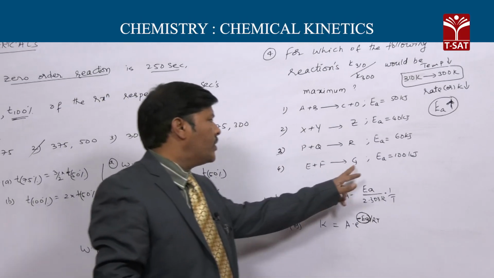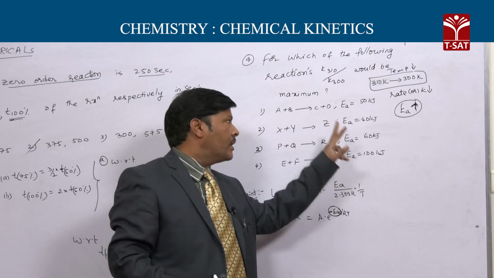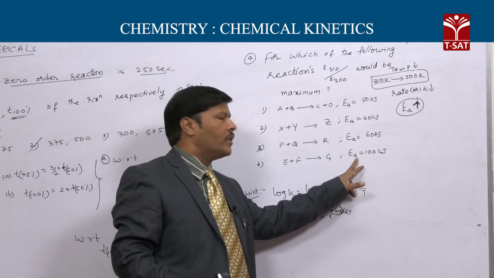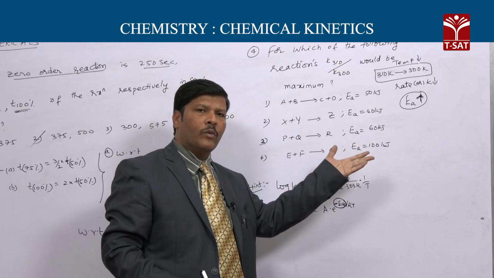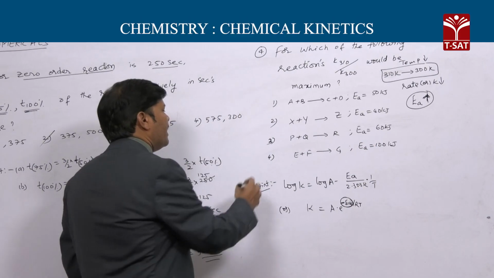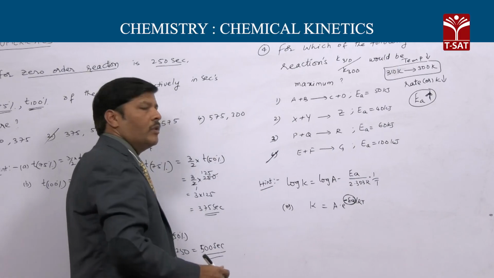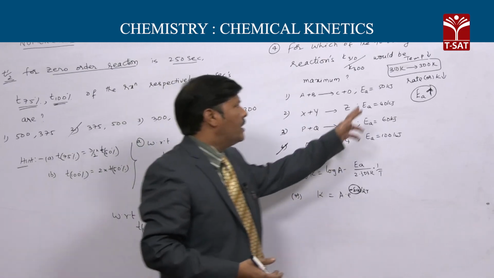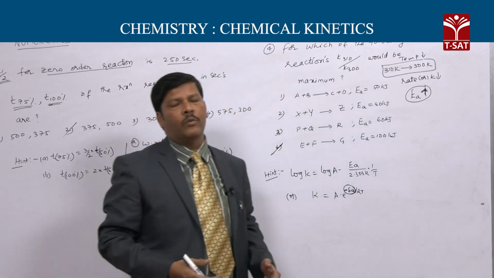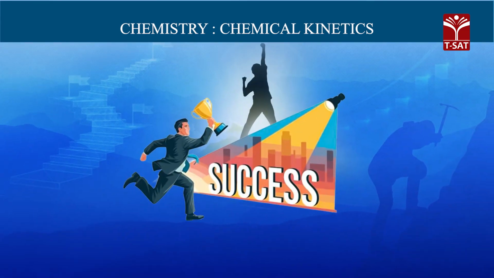So when the temperature decreases from 310 Kelvin to 300 Kelvin, the maximum increase in the activation energy takes place. Therefore we can easily guess that the fourth option registers the maximum increase in the activation energy.